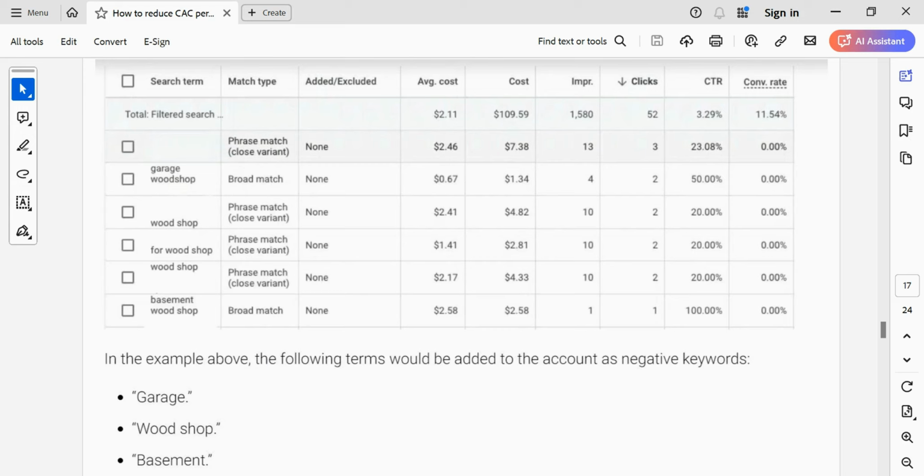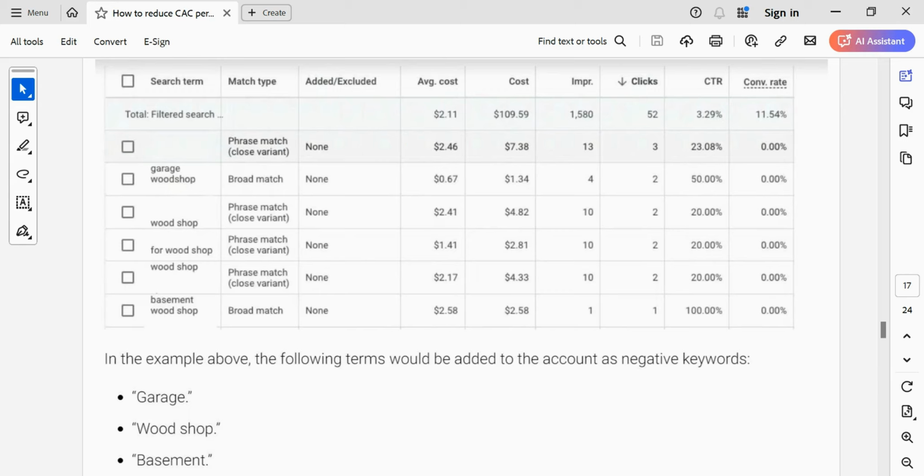Let's see more examples. So this is an example of a negative list. This is the example of an account which sells wooden products, but they don't sell to retail shops. Retail wooden shops. So you see the search terms: garage wood shop, for wood shop.